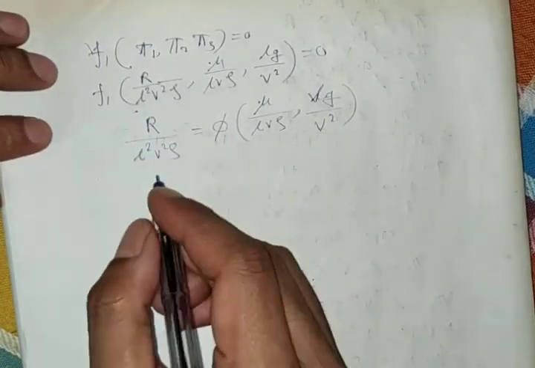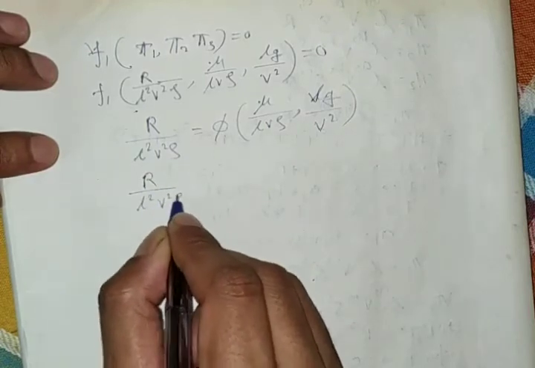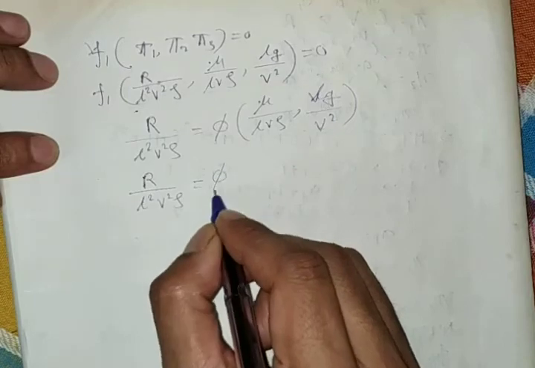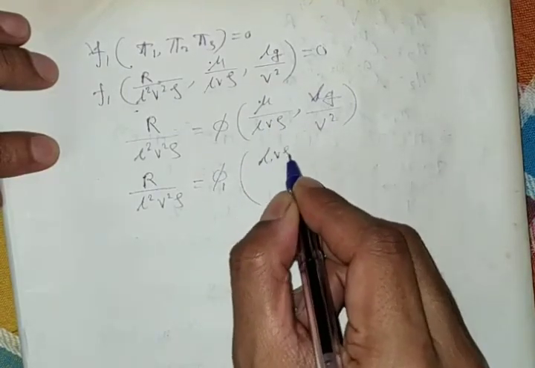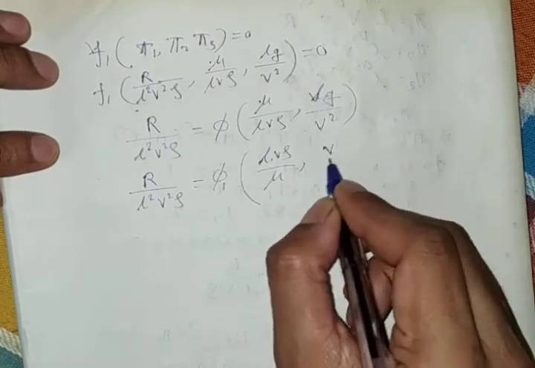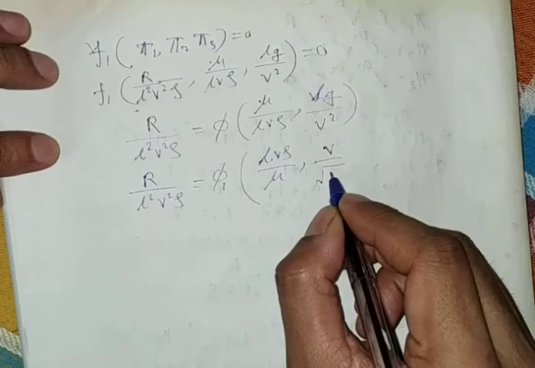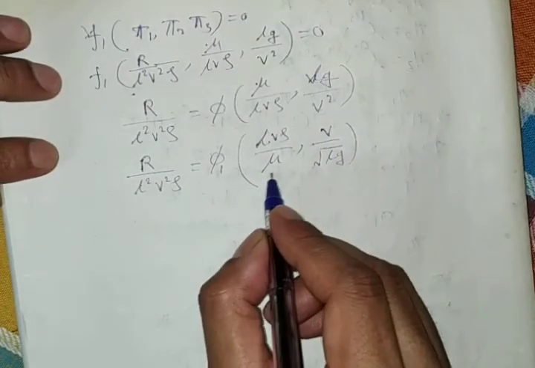Again we can write R divided by L squared V squared rho. Suppose this is pi 1, we just interchange: this one as L V rho by mu, and this one as V by root of L g.